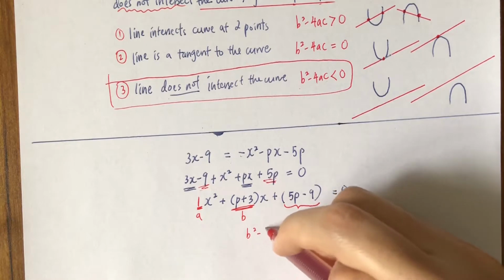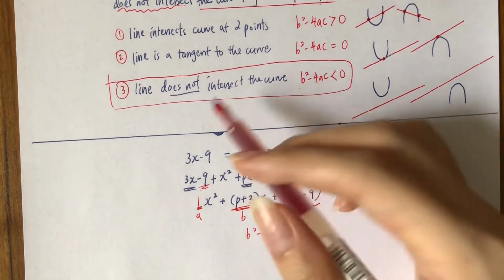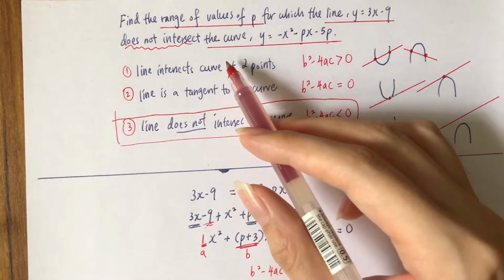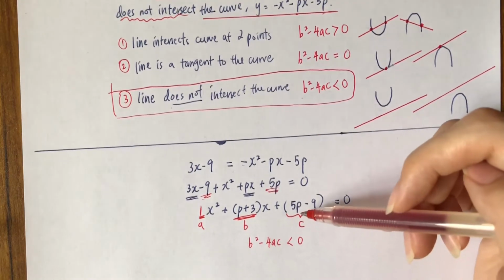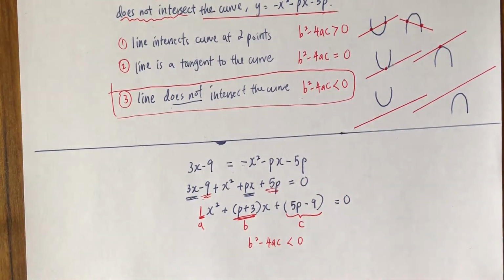b squared minus 4ac must be lesser than 0 for the line to not meet the curve, which is what the question wants. So with this, let's just put the b, the a, and the c inside.